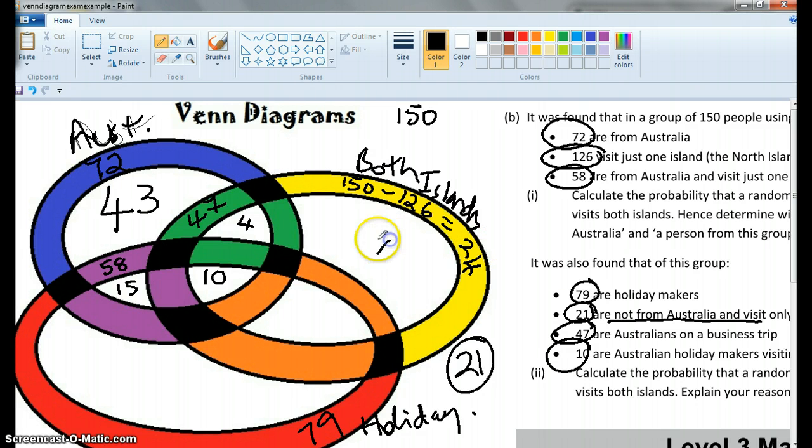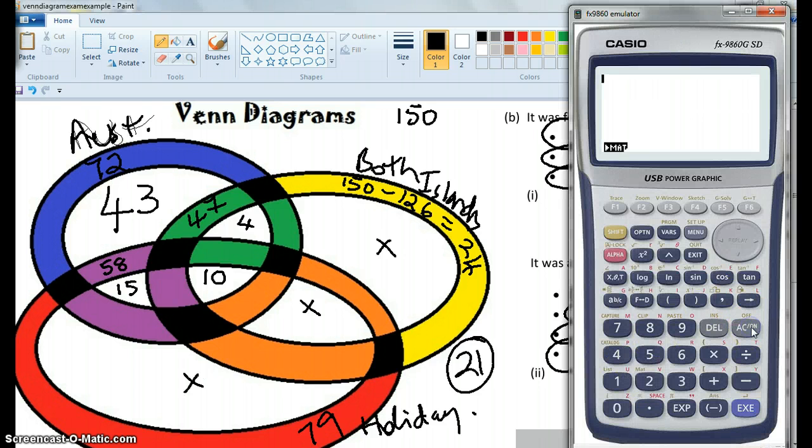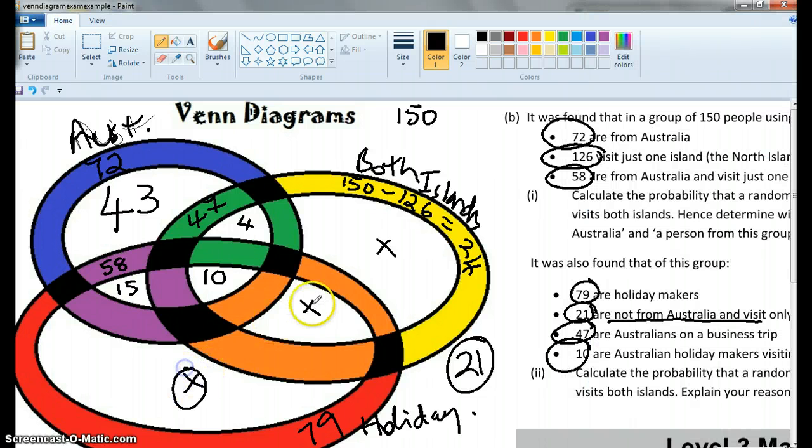Now, what does this and this and this have to add to? So if I take my 150 people and I take away the 21 that's outside, and then take away the 10, take away the 15, take away the 4, and take away the 43, then those three have to add to 57. Yeah?